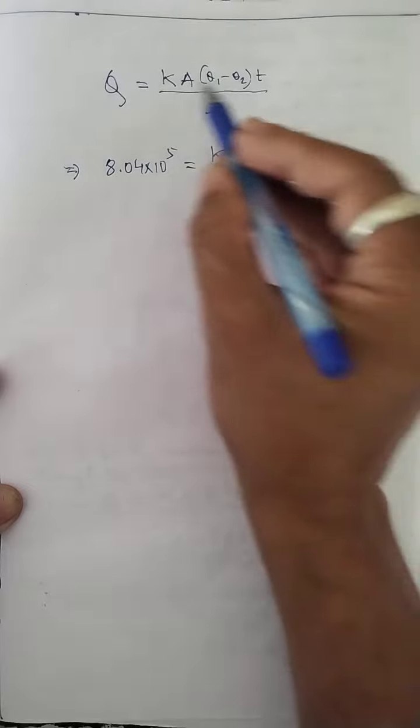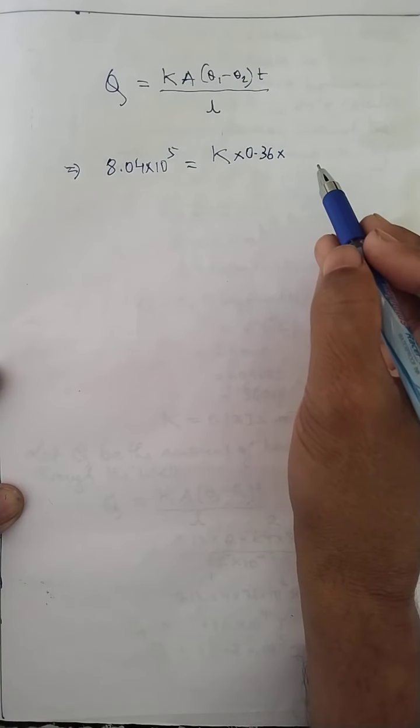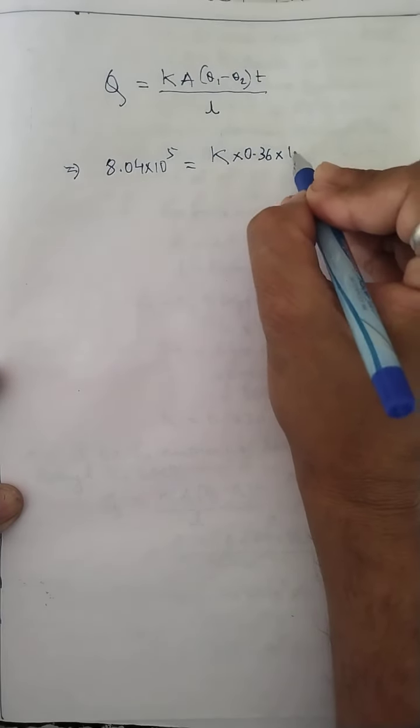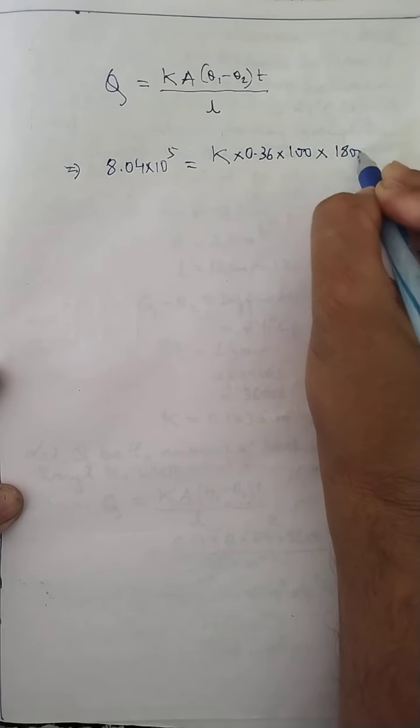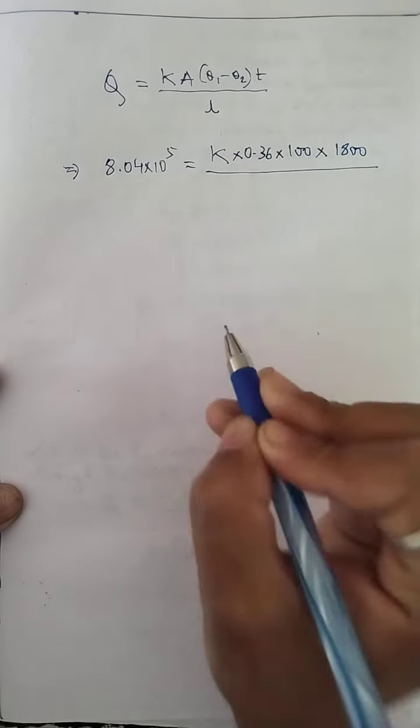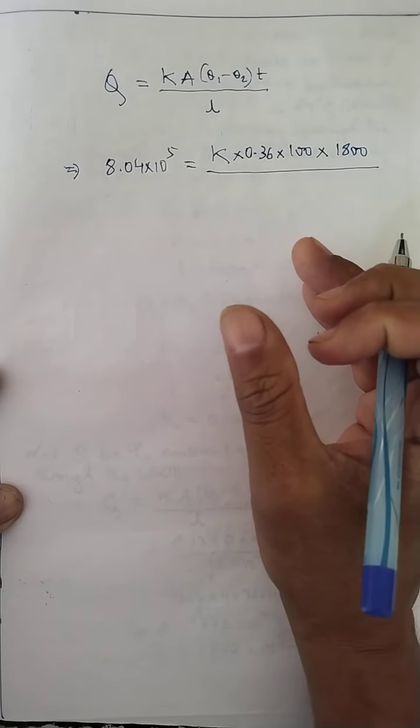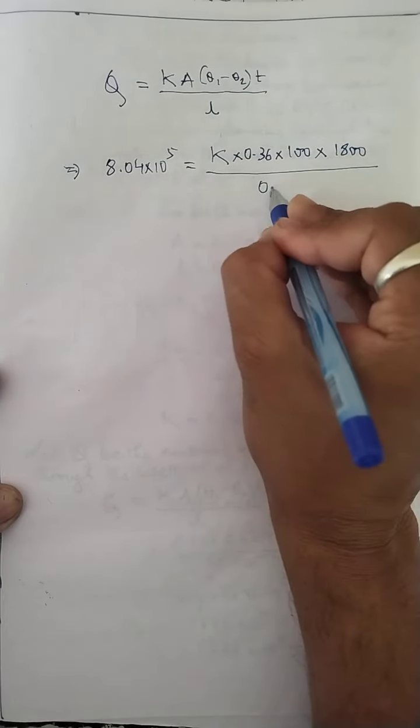The area is 0.36. The temperature difference, theta 1 minus theta 2, that we have already calculated, is 100 degrees Celsius. The time in which the heat is flowing is 1800 seconds, by the length or thickness of the slab, which is 0.1.